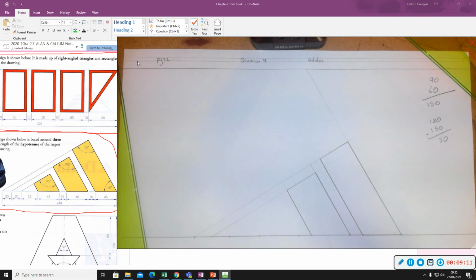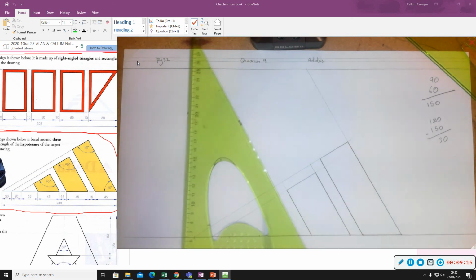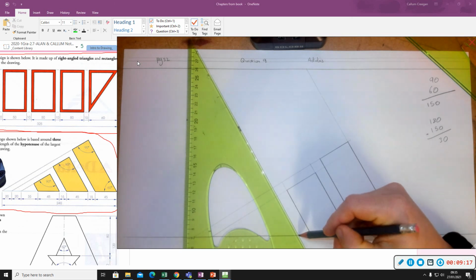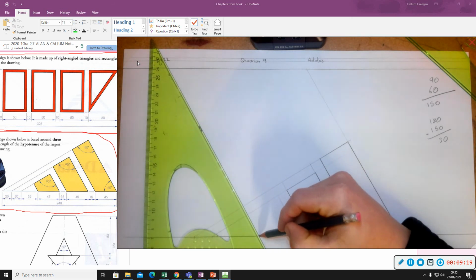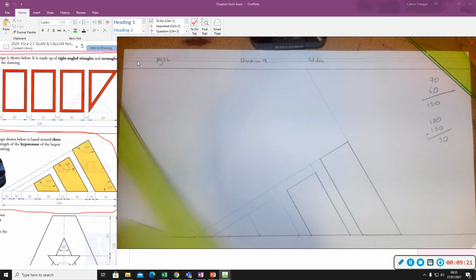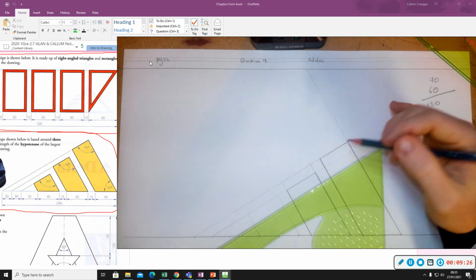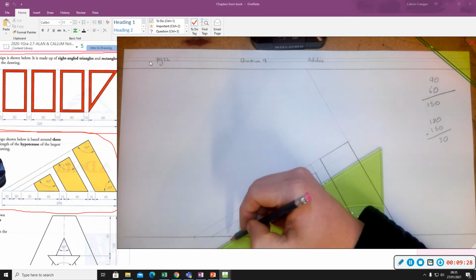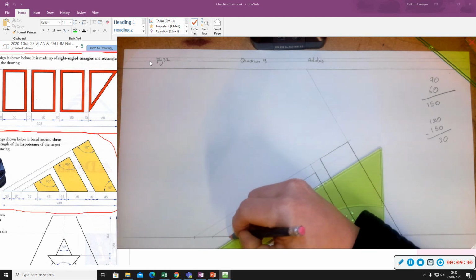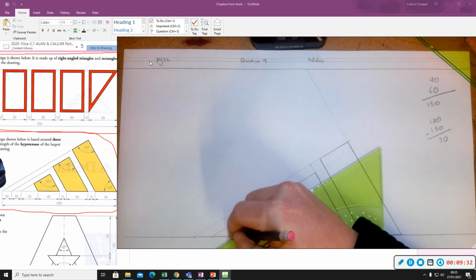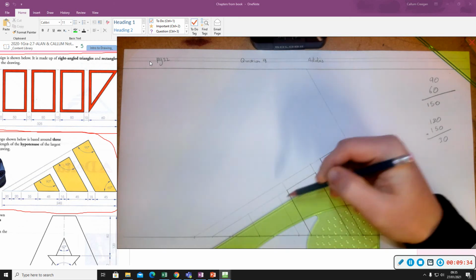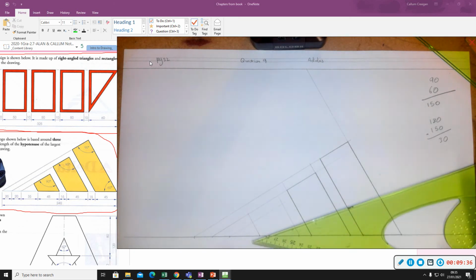So, there's my stagger, and now I'm going to do the same thing, come up here at 60 degrees and come over there. Now notice folks, when I want to draw a line, I'm putting my pencil on my point first, and then I'm sliding my set square over that way, and then I can just do it in a nice line like that.